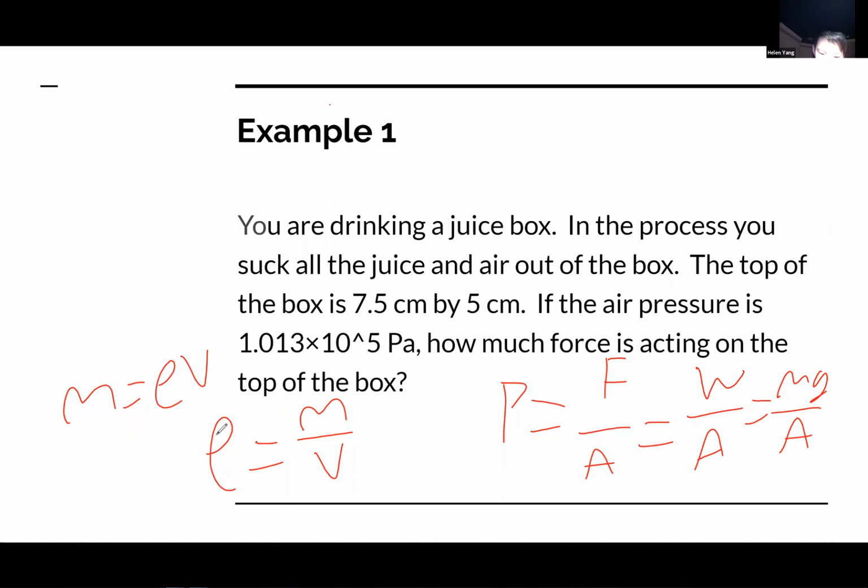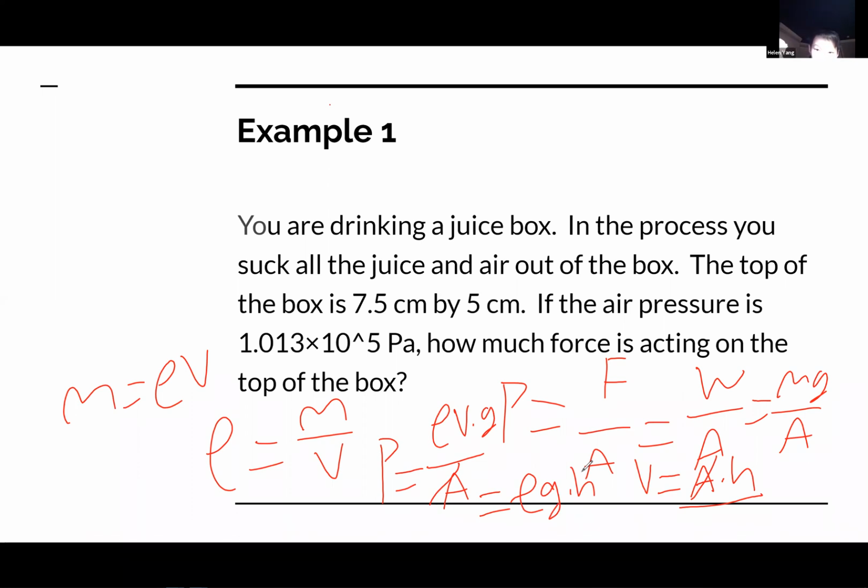So you can also write pressure as rho times V times g divided by the area. And since this is a box, or most things will be like a box, V can be written as the area times the height. So you can cancel the area and it'll be the density times g times the height.